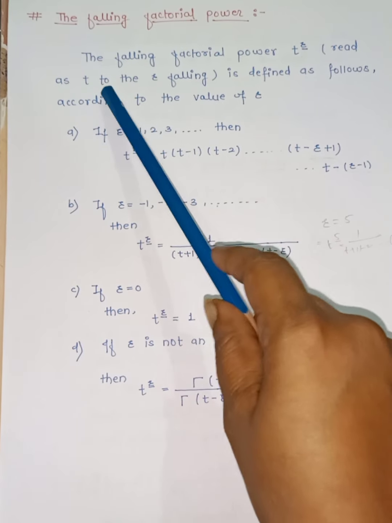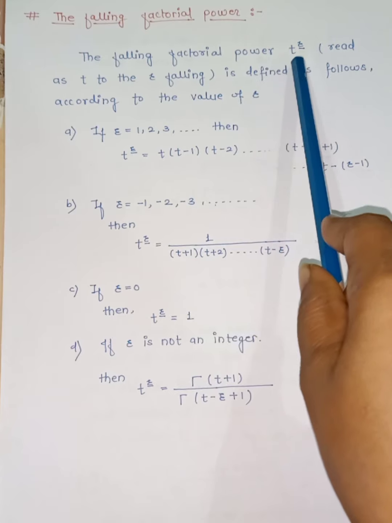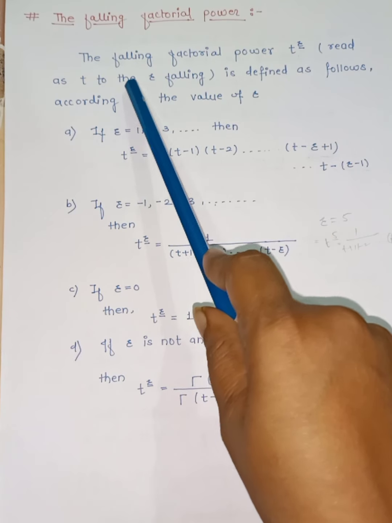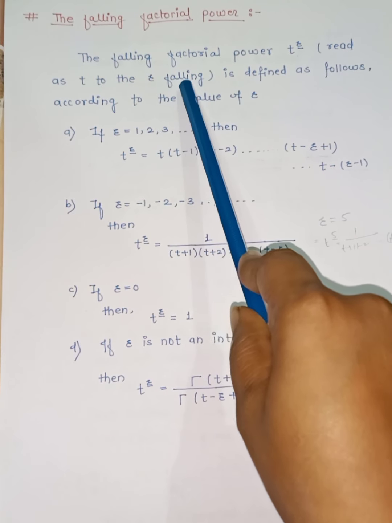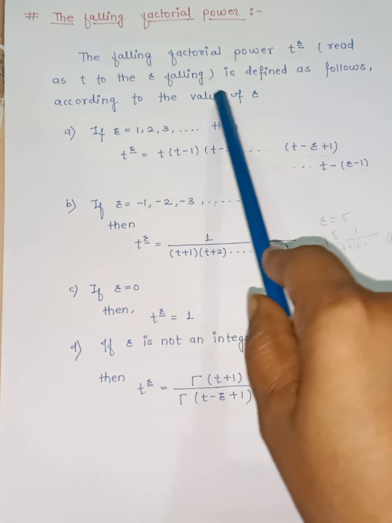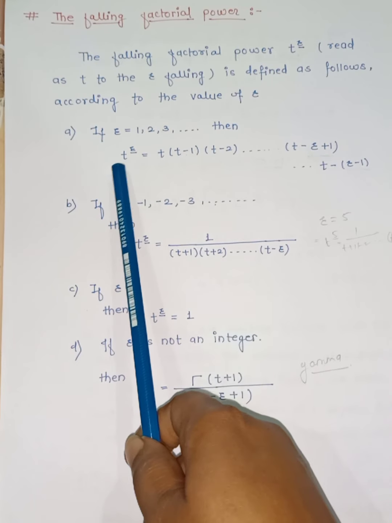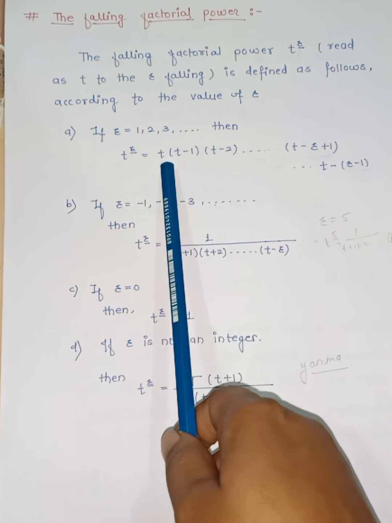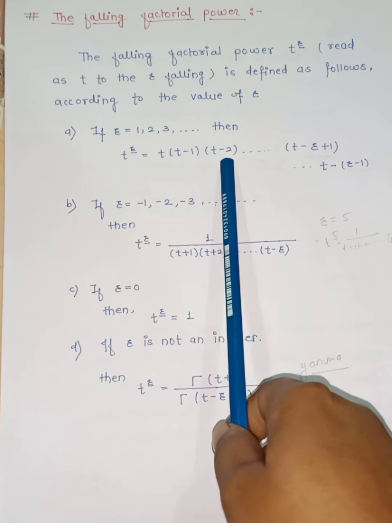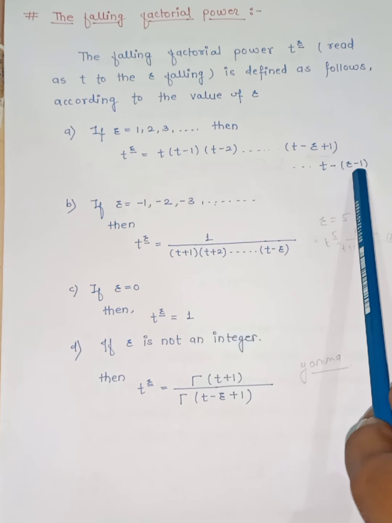Once again, we will write the definition. The falling factorial power, read as t to the r falling or t to the falling r, is defined as follows according to the value of r. If r is a positive integer, then t to the falling r will be equal to t into t minus 1 into t minus 2 and so on up to r minus 1.